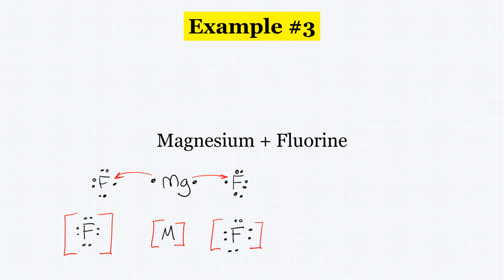Fluorine picked up an electron, so it's going to have a -1 charge. Magnesium is going to have a +2 charge because it lost 2 electrons. My formula is going to be magnesium and fluorine. And since we had 2 fluorine ions, I'm going to have a 2 after fluorine.